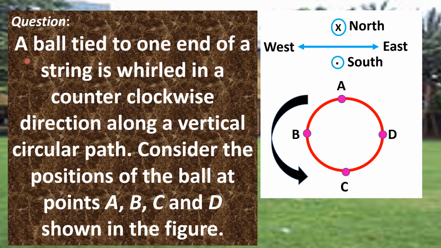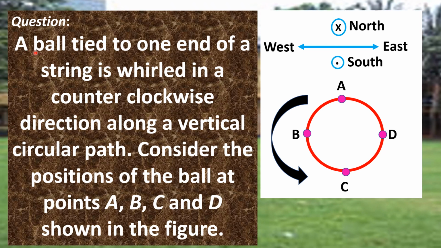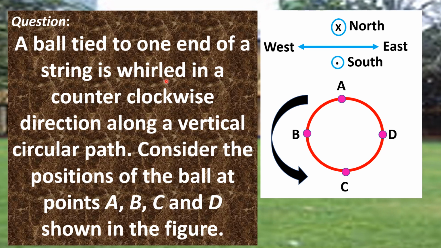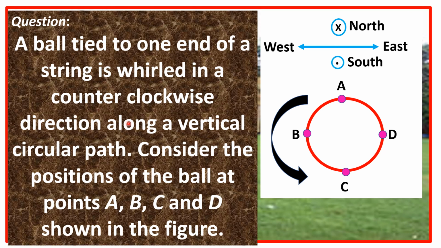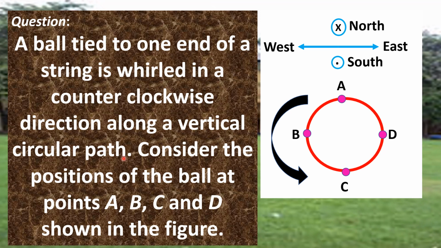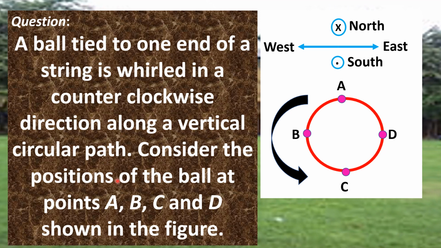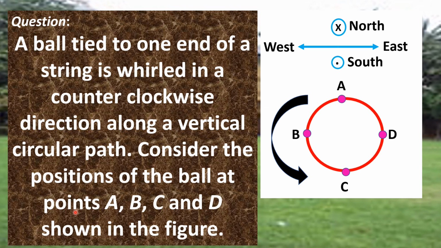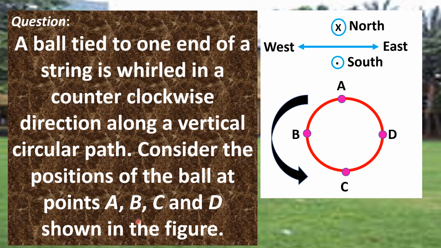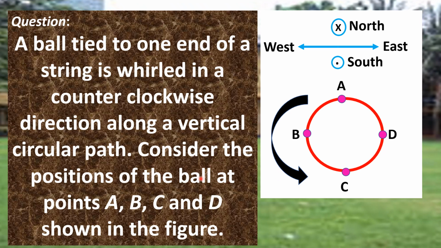The question is, a ball tied to one end of a string is whirled in a counterclockwise direction along a vertical circular path. Consider the positions of the ball at points A, B, C, and D as shown in this figure.